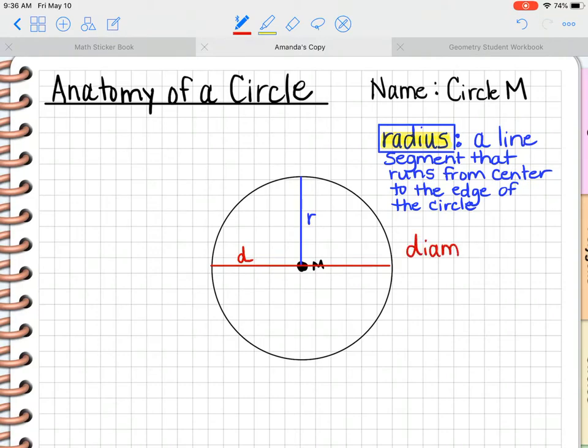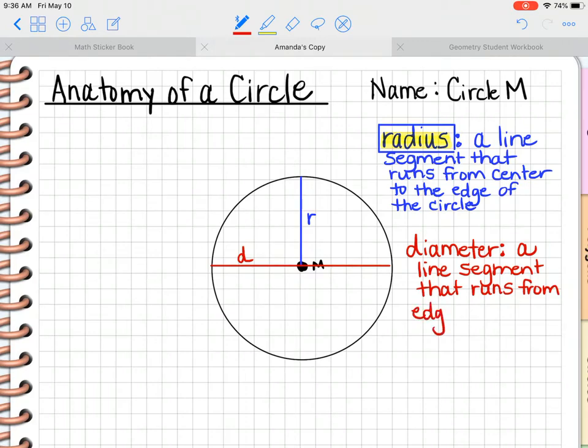Diameter is a line segment that runs from edge to edge through the center.